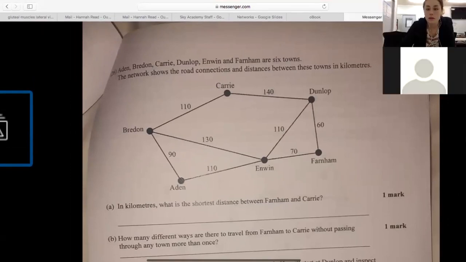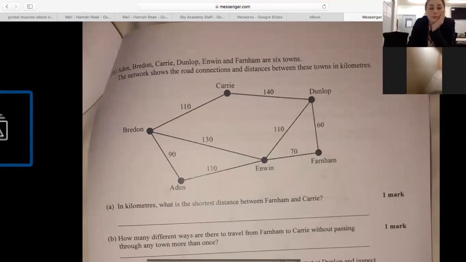Yeah. Awesome. Okay. Aiden, what weird names. Oh, 6 towns. Okay, that's fine. The next one shows the road connections and the distance between towns in kilometers. What is the shortest distance between Arnhem and Carey?